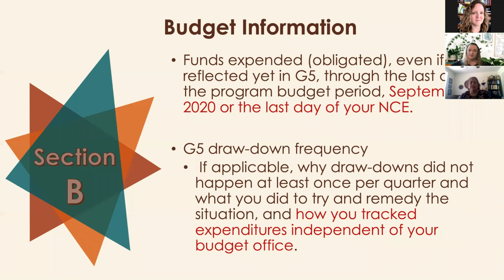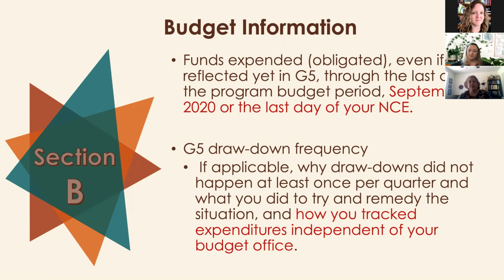So after October 1, let's say if you did not get a no cost extension and your grant is ending September 30th, 2020, then all of your bills should have been obligated before that date. And you can process them. You have time to process them, and we'll get into that in just a minute for due dates, but no additional invoices should be coming through at all during that point.